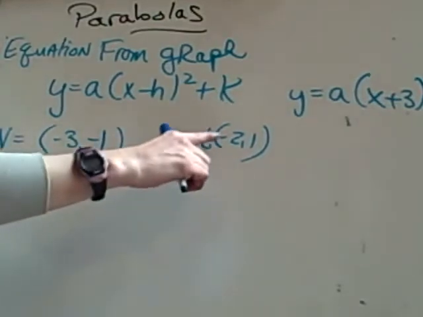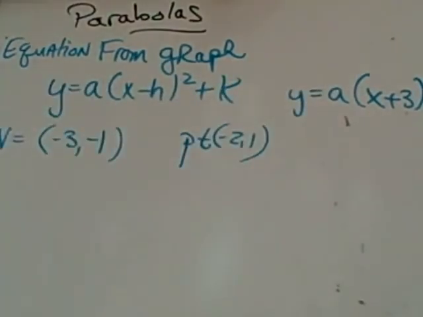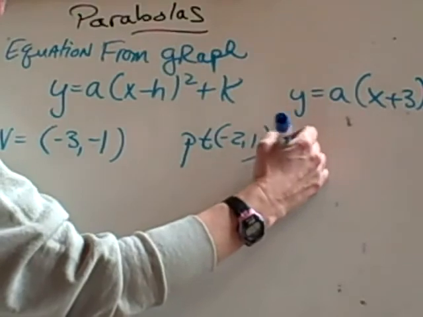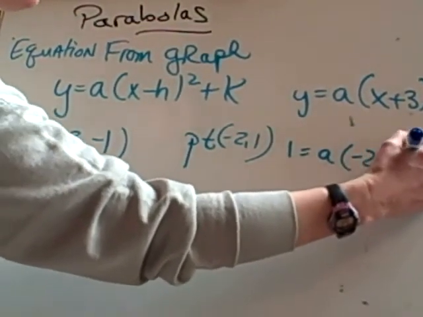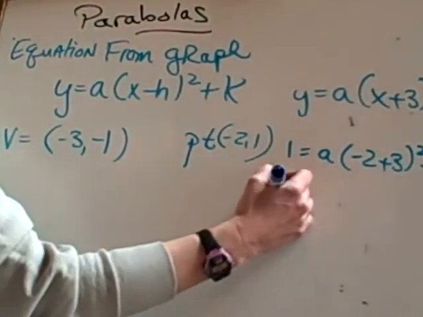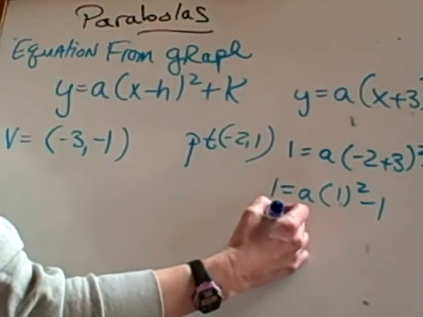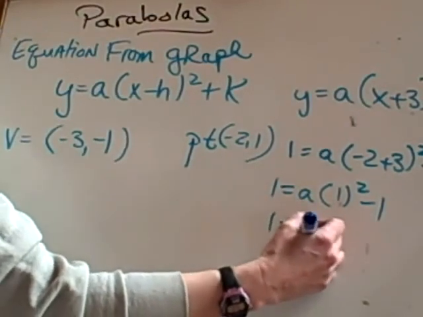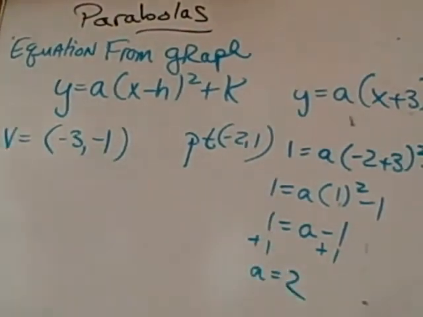So we're going to substitute in this (-2, 1) for the x and y and solve for A. So 1 equals A times (-2 plus 3) quantity squared minus 1. 1 equals A times 1 squared minus 1. 1 equals A minus 1. I'll add 1 to both sides. I get A equals 2.